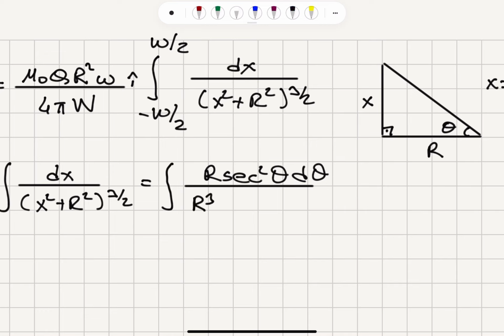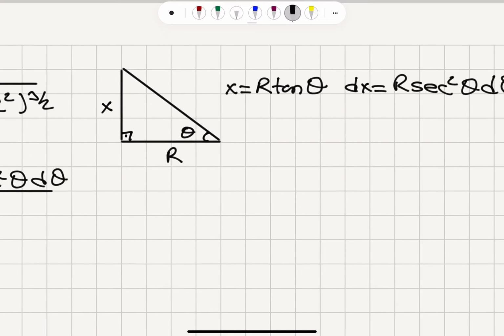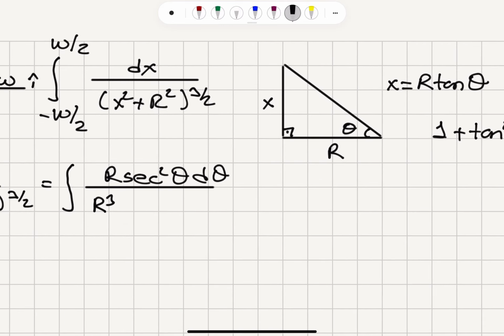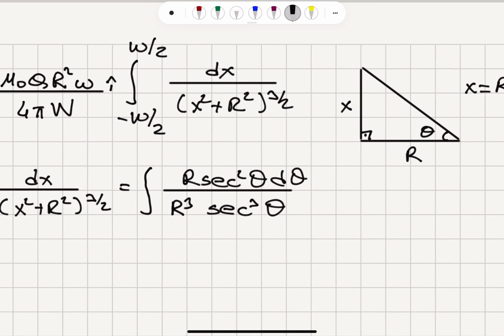So if you take this to capital R squared parentheses, you will get capital R cubed. This will be 1. This will be x squared over R squared, which is tangent squared theta. 1 plus tangent squared theta, I know, is secant squared theta. So this will be R cubed secant cubed theta.